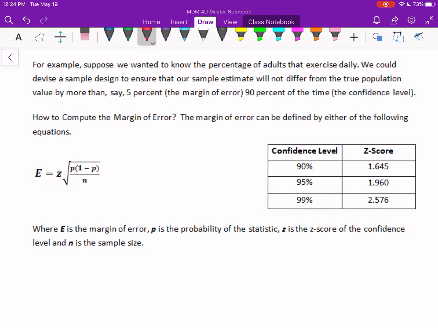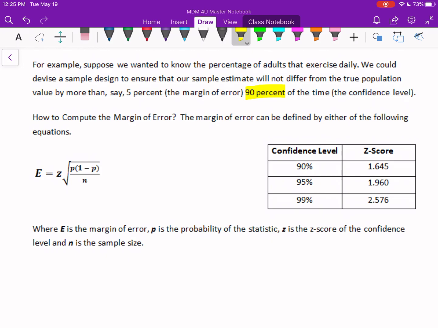Now, sometimes we do talk in percents, so that could be a little area of confusion. We have our 90% confidence level, but if our raw data is also a percent, we have to keep that separate, right? So this example was percentage, we're measuring percentage of population that exercises.